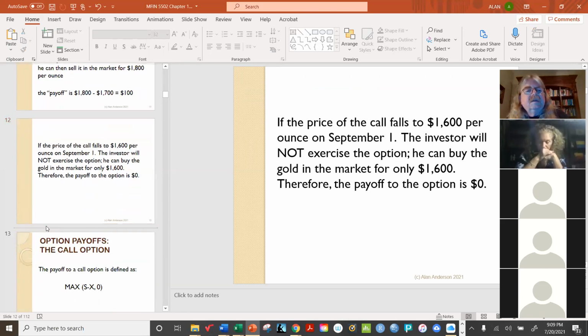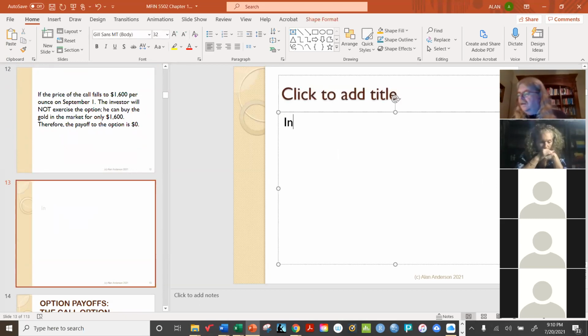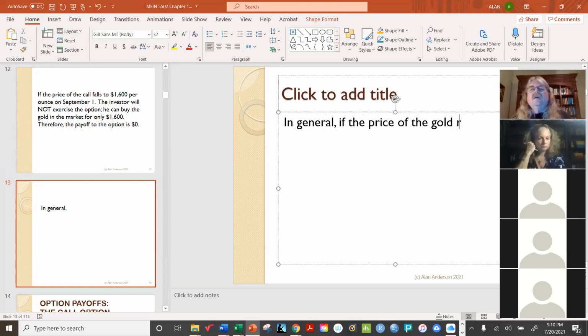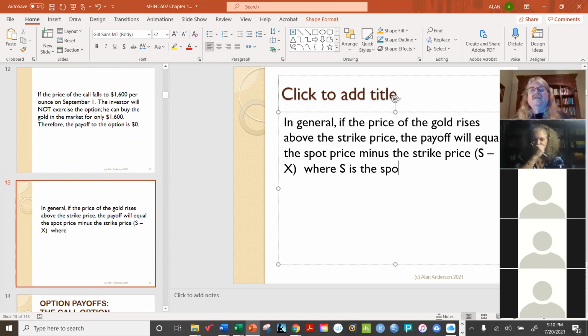Just in general, if the price of the gold rises above the strike price, the payoff will equal the spot price minus the strike price, which we can write as S minus X, where S is the spot price and X is the strike price.